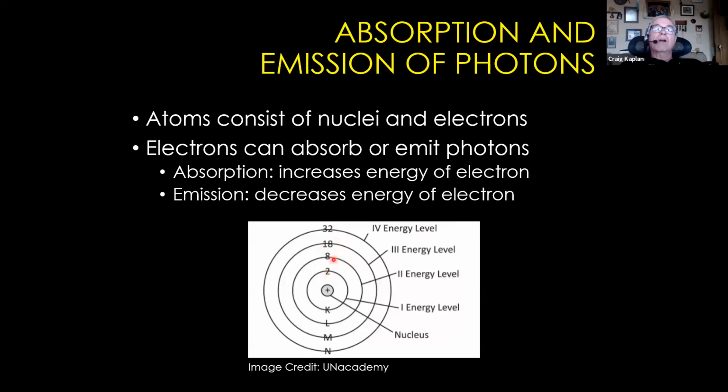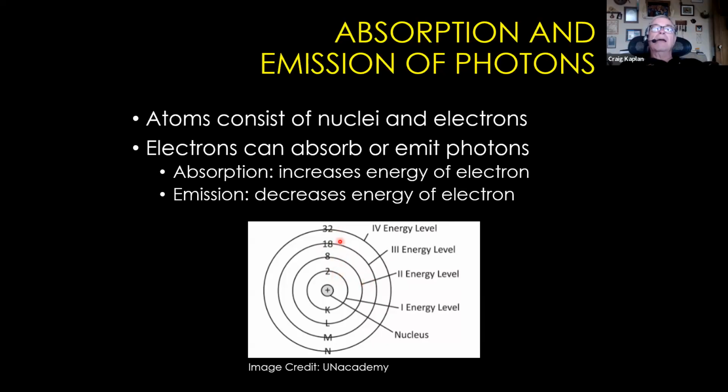So all the different combinations of jumps and decreases account for different photons either being emitted when it decreases or absorbed when it jumps up.